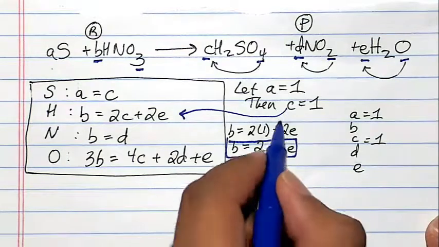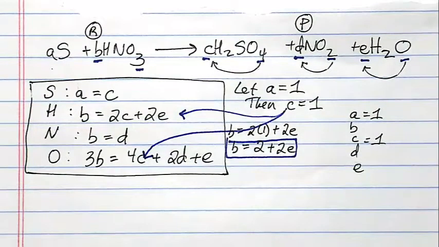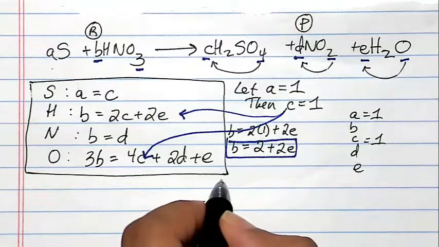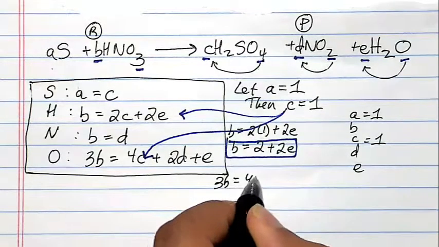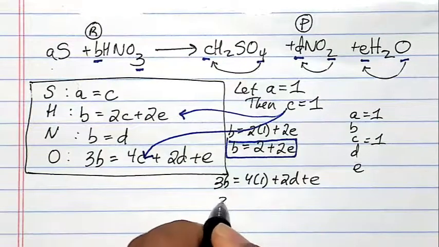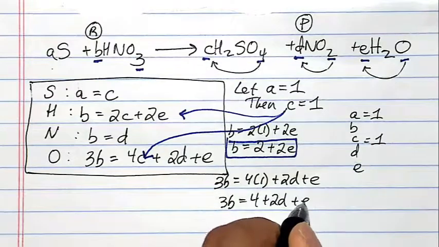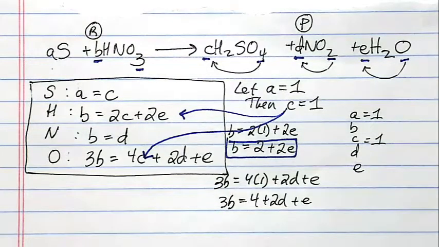I can also plug in C here, and when I do that, I have 3B is equal to 4 times 1 plus 2D plus E, so 3B is equal to 4 plus 2D plus E. Does that help me? I guess so. I also have this relationship.